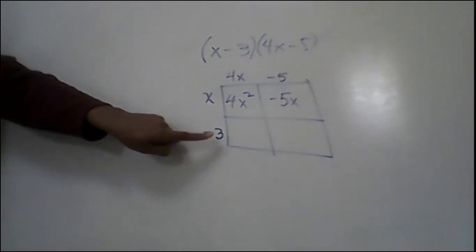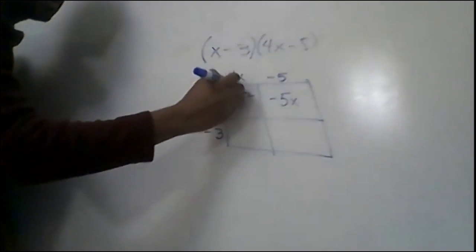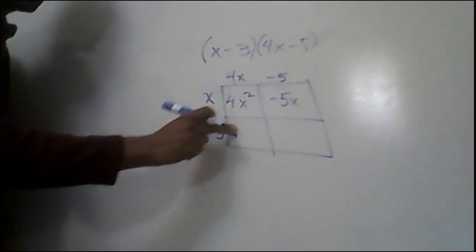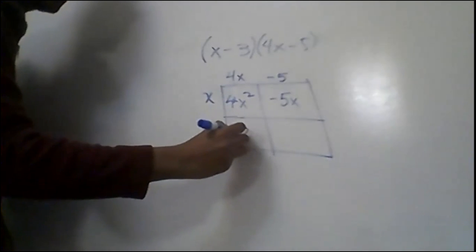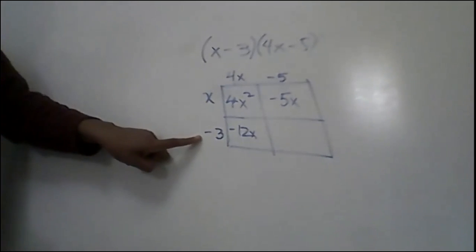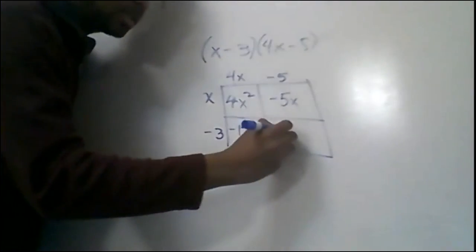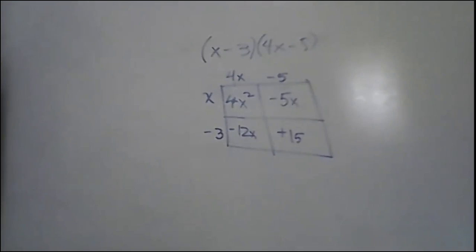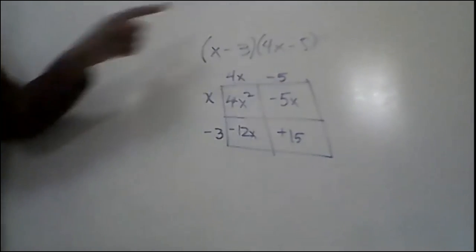Minus 3 times 4x, again I'm doing a times table, I'm just not writing it, is negative 12x. Negative 3 times negative 5 is positive; 3 times 5 is 15. So kind of see what I'm doing. I just go through and I'm filling in all the boxes.